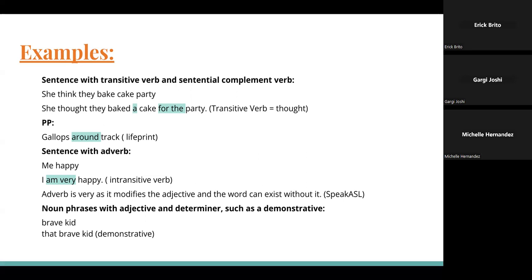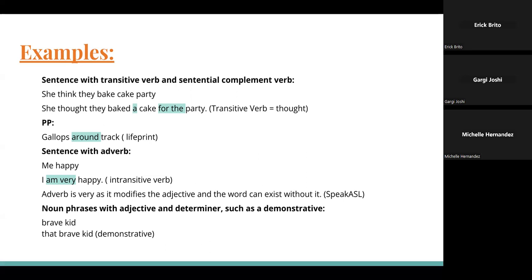In ASL, it's a direct translation, gallops around the track, with gallops being the verb and then the preposition and the noun. Then there are sentences with adverbs. A sentence with an adverb is "I am very happy," with happy being an intransitive verb and very being the adverb that's modifying. Happy can be an adjective or an intransitive verb, and very is modifying that happy.